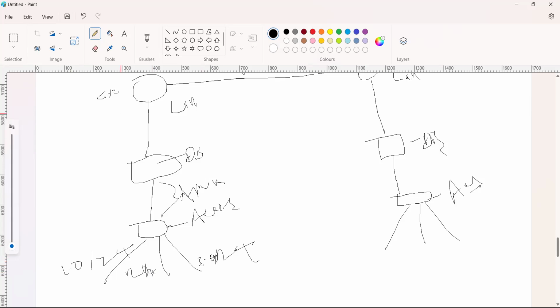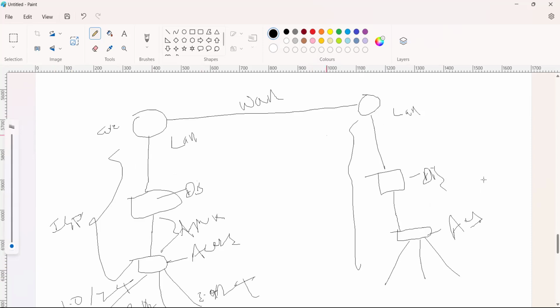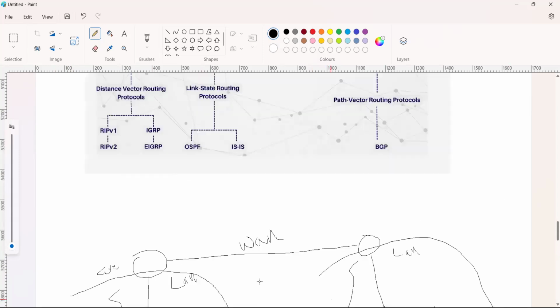In between, this is your IGP. We'll use IGP protocols at the LAN location, within the LAN.